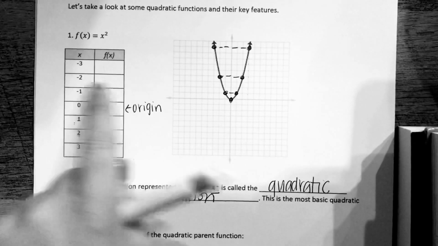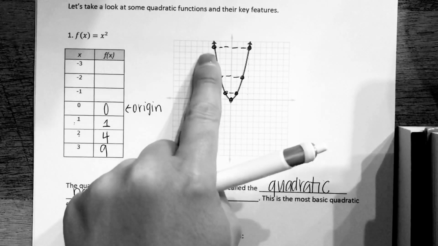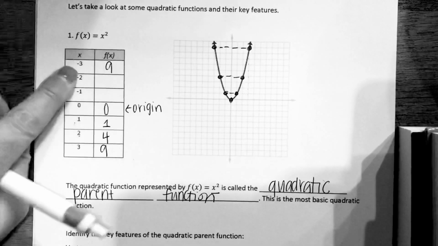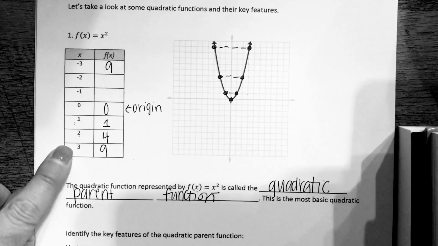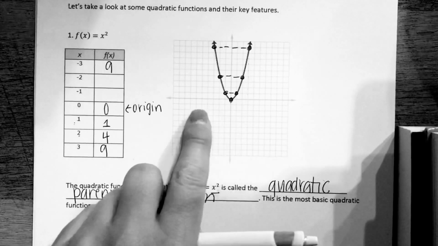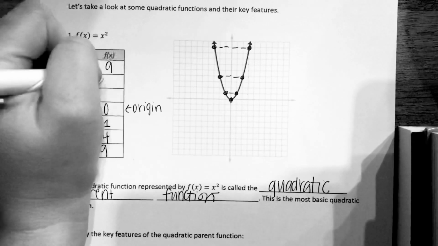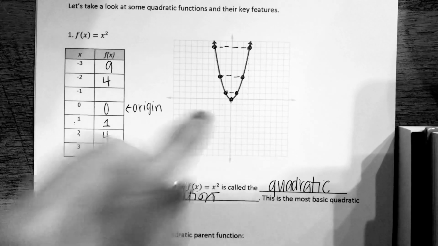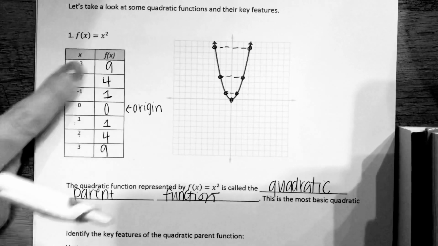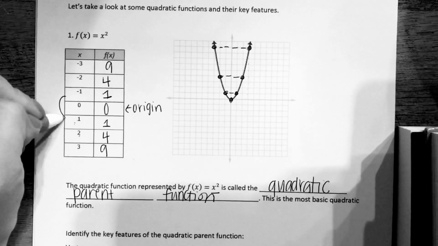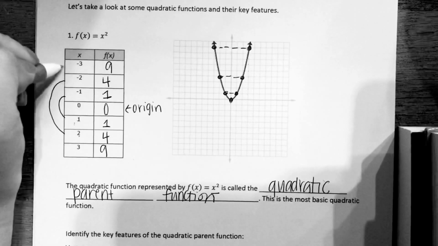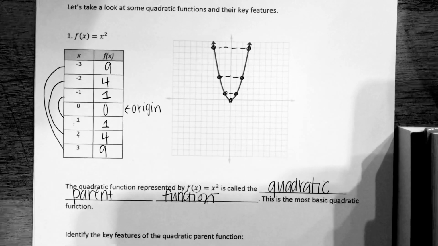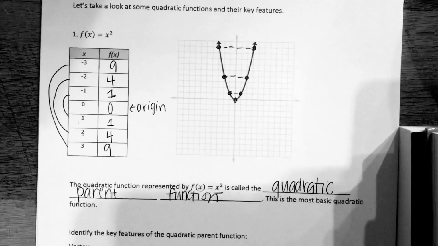Which means if I start at -3, I'm going to go up 9, just as if I did when I was going +3, up 9. Then next, -2, up 4, just like I went right to up 4. And finally, -1, up 1. So if you look, we have points on either side that mirror each other, which supports what we are seeing on this graph.